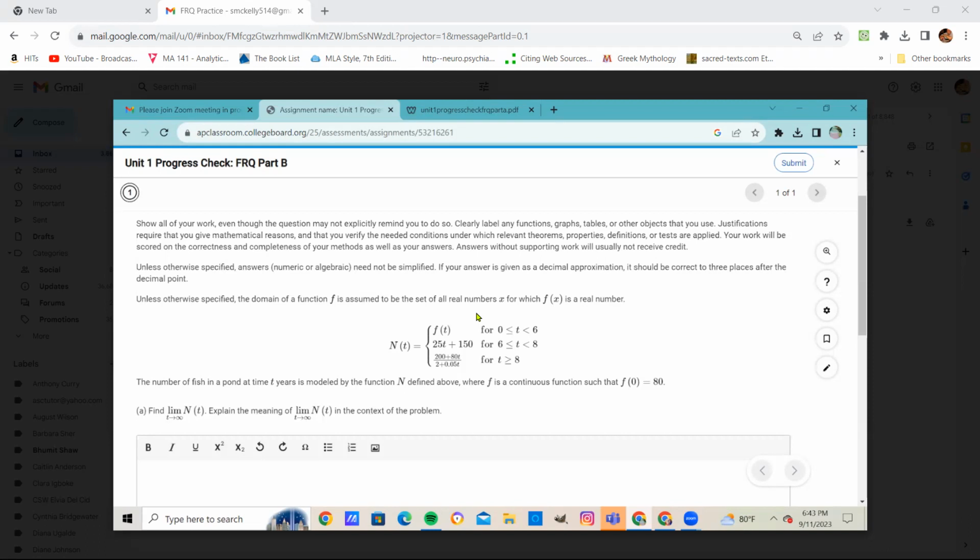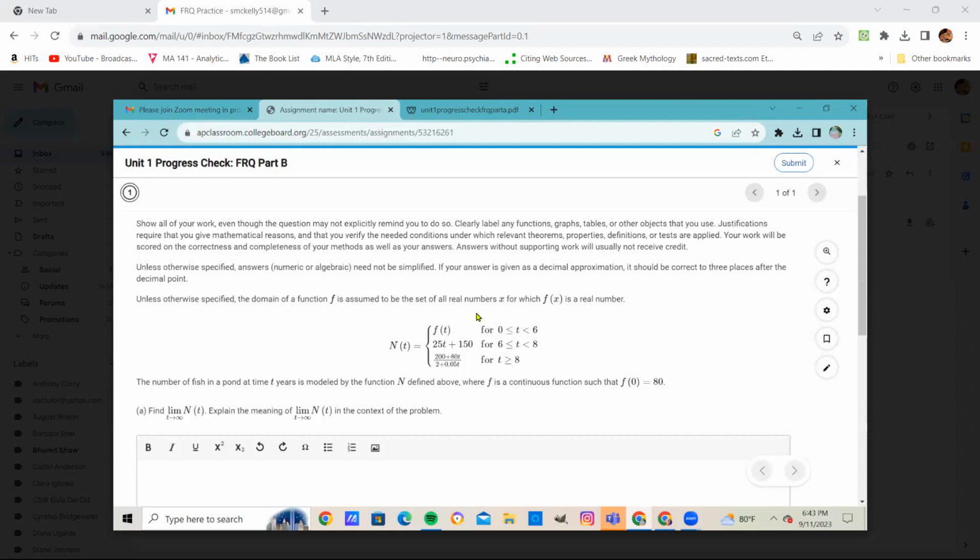Okay, so here's what I'm going to say. This is not approaching a number. This is approaching infinity. So you have to let t get as large as possible.